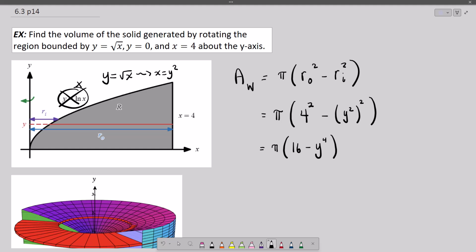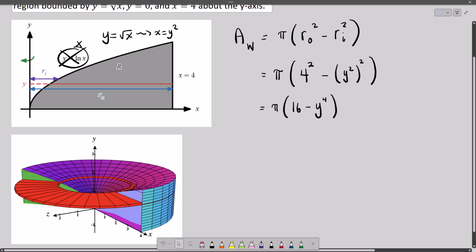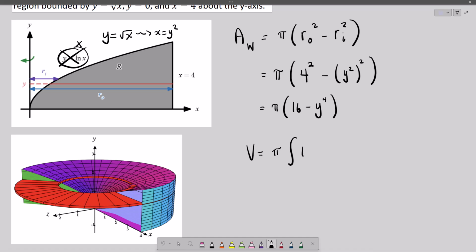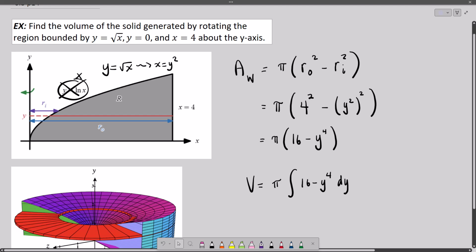Now, if this was natural log of x, we would have x equals e to the y, and if we squared that, it would be like that last example where we get e to the 2y. So I'll go in and edit that picture. Okay, that is our area function. Then we find the volume by integrating the area. We can factor the pi out. And then our limits of integration.